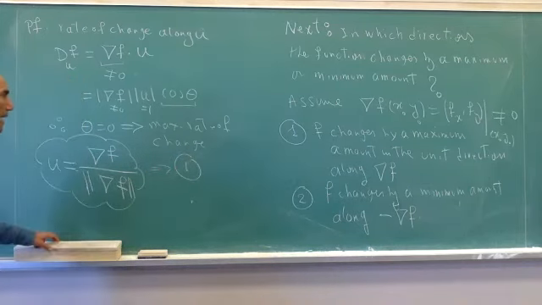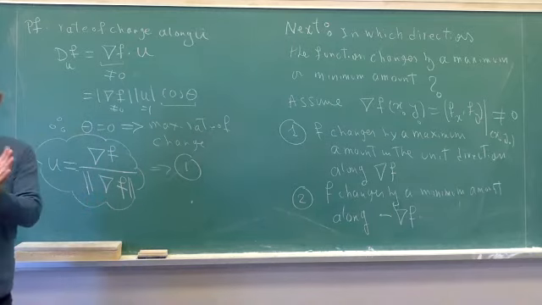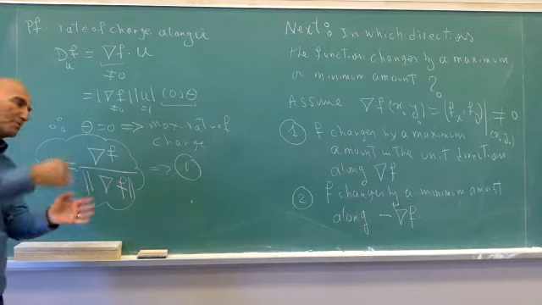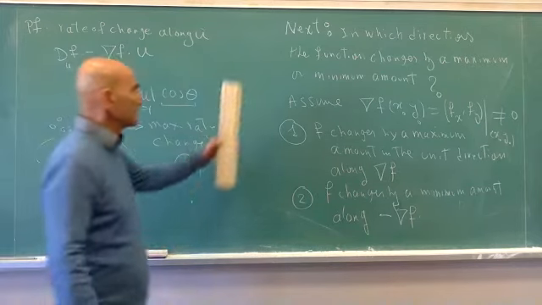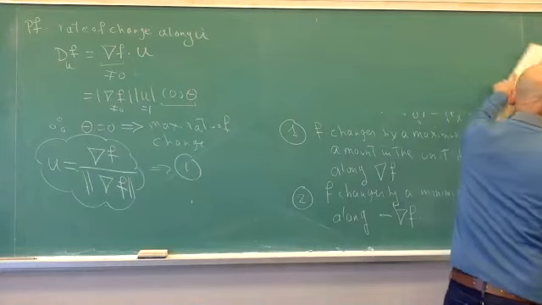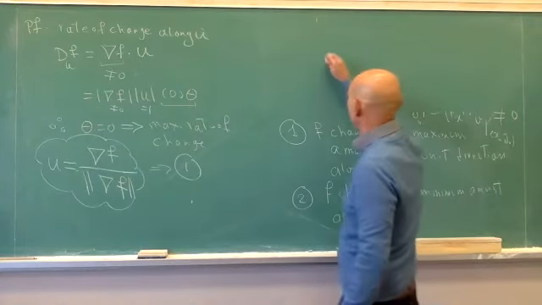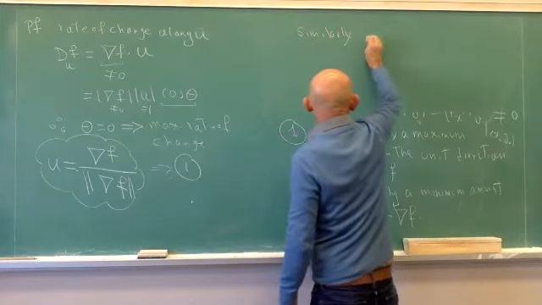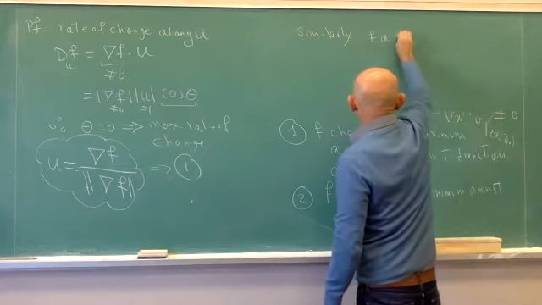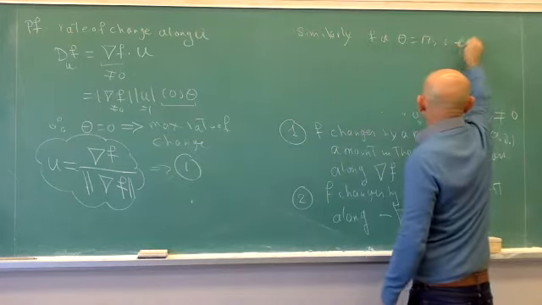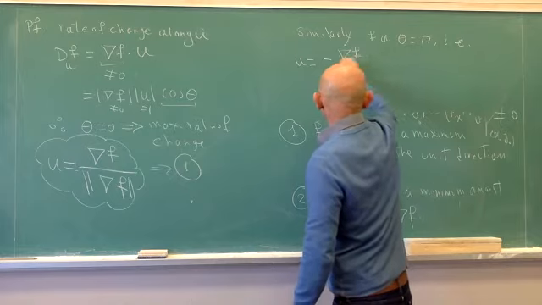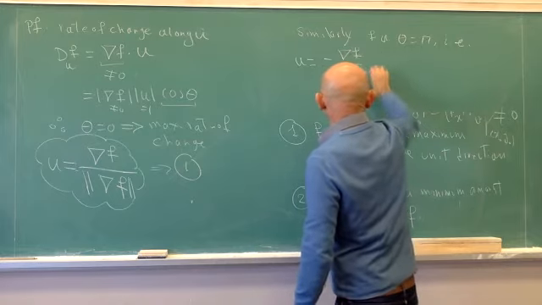The minimum value of the dot product is when the other vector is making angle pi with it, right? It means in the other direction. So that second case is now very easy also. Similarly, u is going to be negative gradient of f divided by its length.